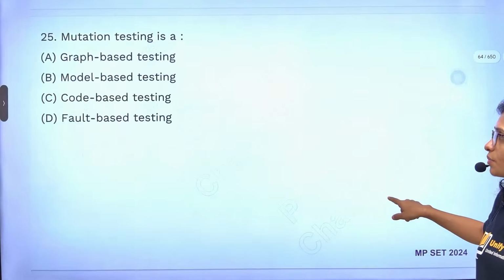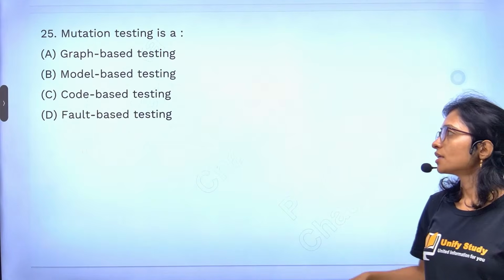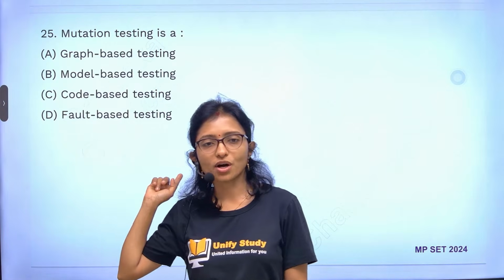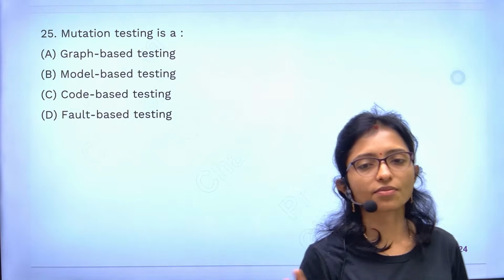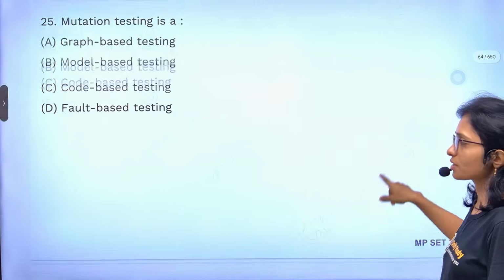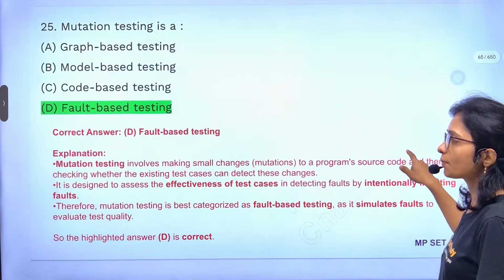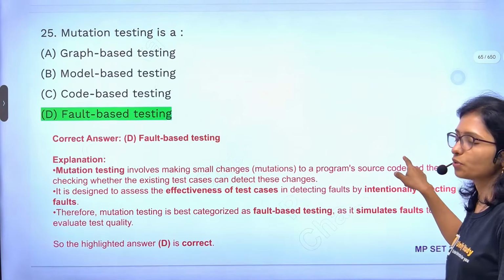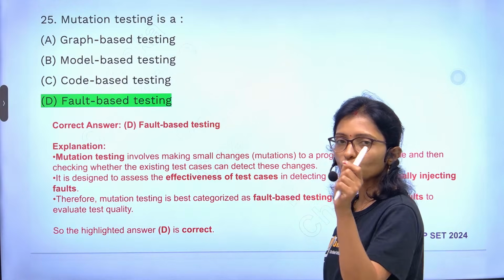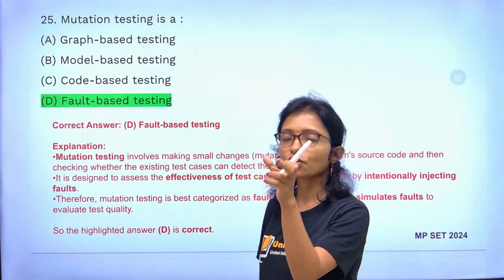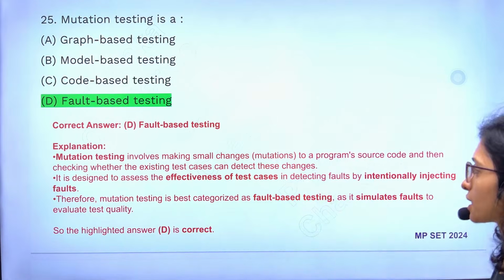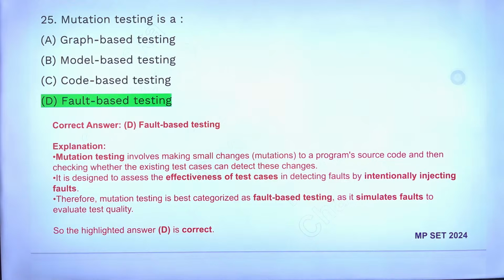Next, mutation testing. Very popular area. UGC NET also asks, so many SET papers also ask. Some of the questions are repeated in different exams. In UGC NET also this question was there. It is called fault-based testing. What is the meaning of mutation testing? Intentionally you are going to mutate some lines of your program. That is why it is called mutation testing.